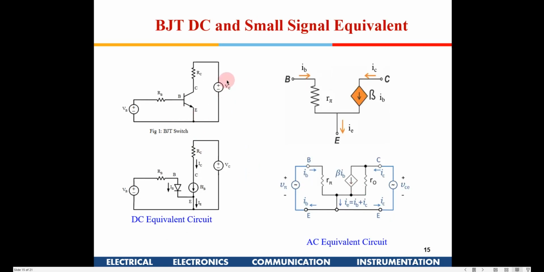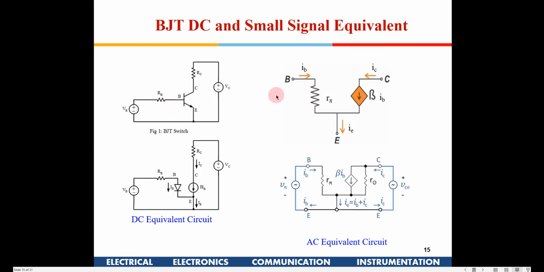But before going on to the biasing, let's see what a small signal equivalent of a BJT looks like. You are giving a positive supply here, so you have an RB here. When you give a small signal here, this is the small signal equivalent.